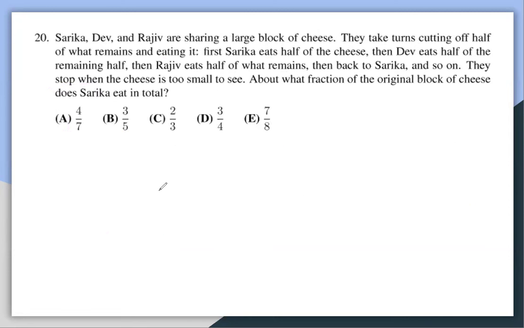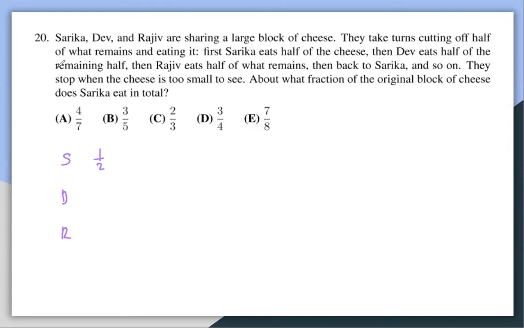Okay, number 20. Sarika, Dave, and Rajiv are sharing a large block of cheese. They take turns cutting off half of what remains and eating. So first Sarika eats half of the cheese. I'll say S, D, and R. If you eat one half, then one half is left.